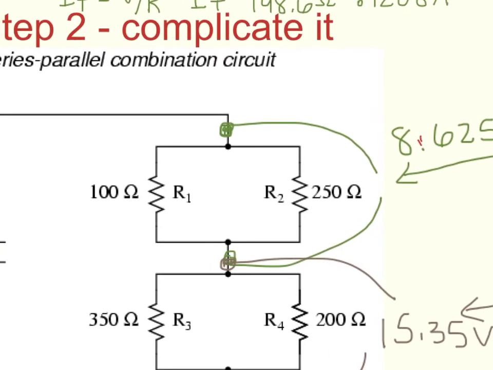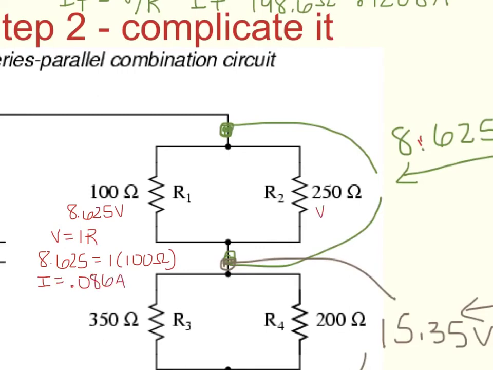So let's zoom in on resistors 1 and 2 here. We know that the voltage is 8.625 volts, and so we would say V equals IR. 8.625 equals current times 100 ohms, and we end up with a current equaling 0.086.